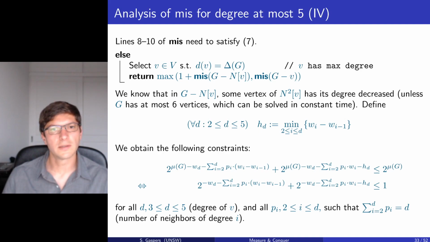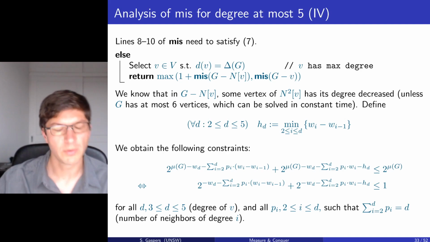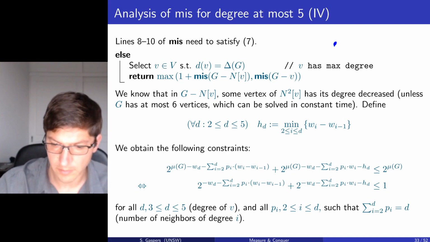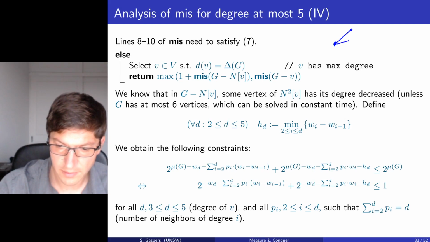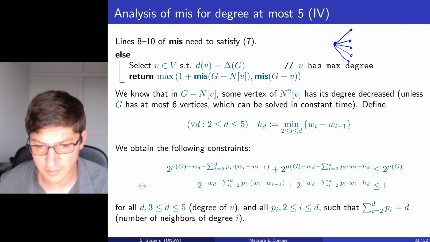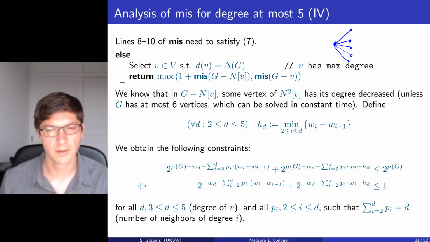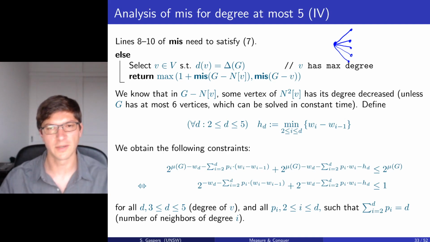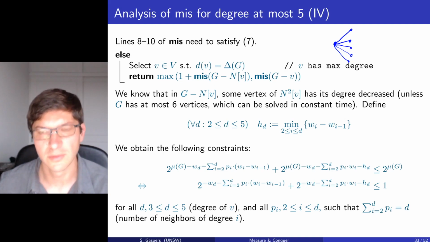And we say here that at least one vertex is in the second neighborhood. So if we have a maximum degree 5 graph, and we have a vertex and it has some neighbors, and our graph has at most 6 vertices, we solve this instance in constant time and we don't need to do anything else.